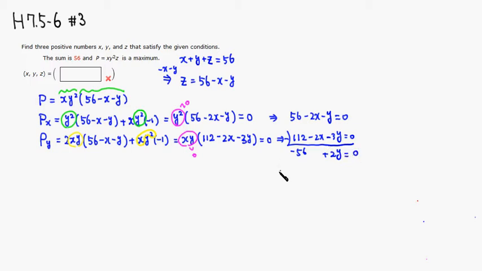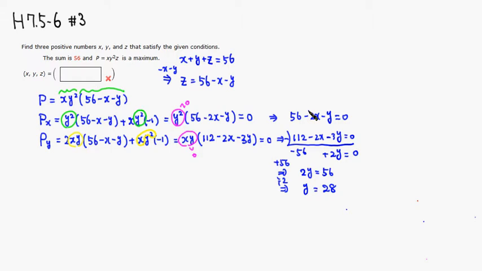Then we add the 56, so 2y is equal to 56, and divide through by 2. So y is going to be equal to 28.